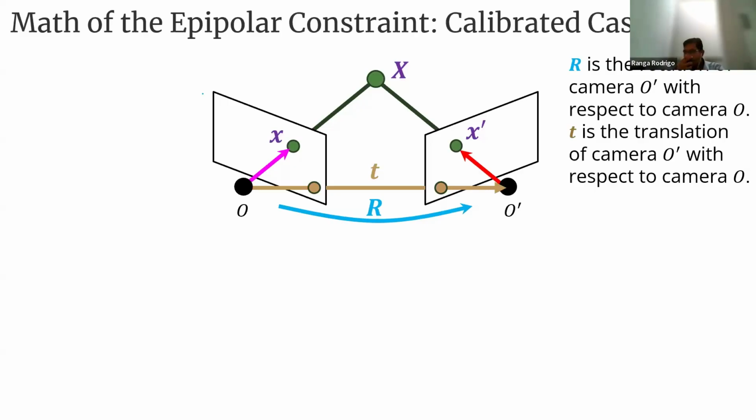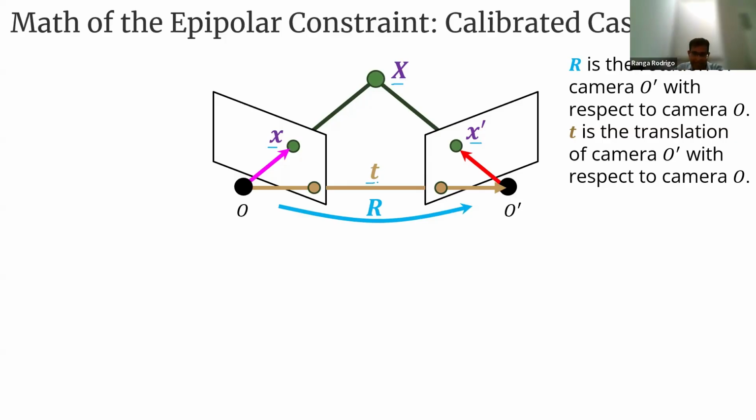Now this is a slightly mind-boggling point. Let's consider this epipolar geometry. Capital X is the 3D point. Its image on the first camera is small x, and its image on the second camera is small x prime.